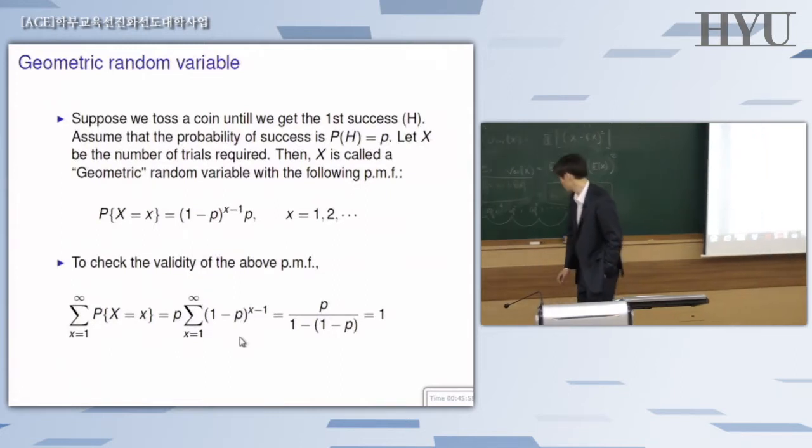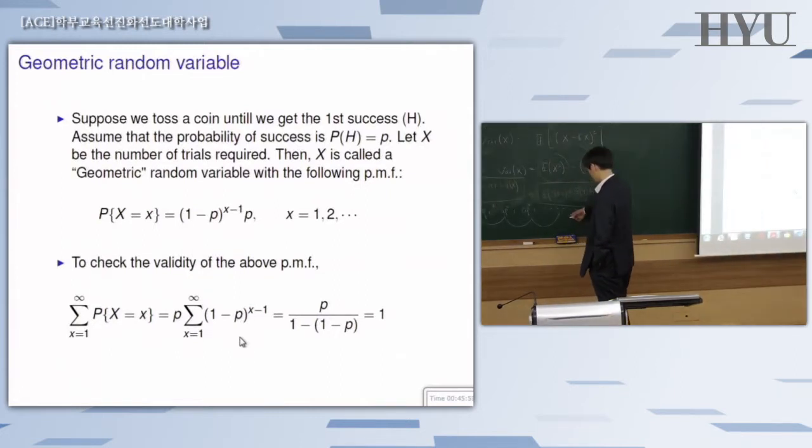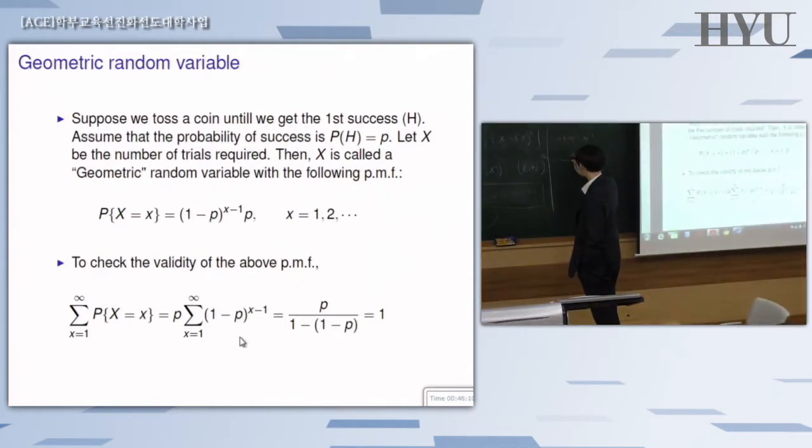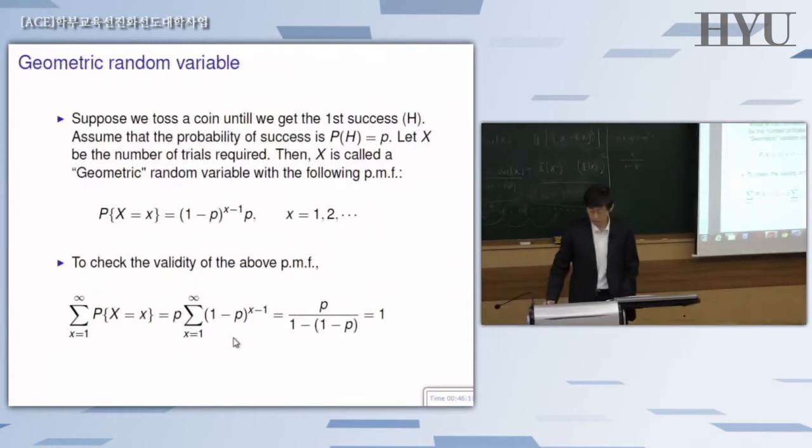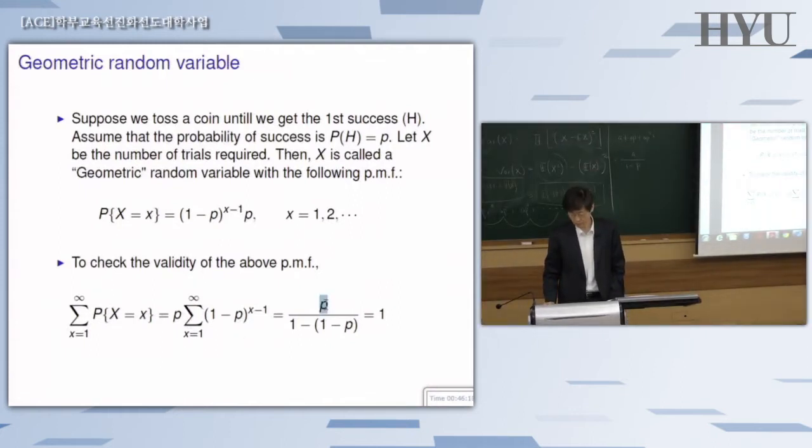If you remember the formula from high school algebra, the sum of all these entries is defined as the ratio of the initial value over 1 minus the common factor. So if you apply this formula to this one, the initial value was p.